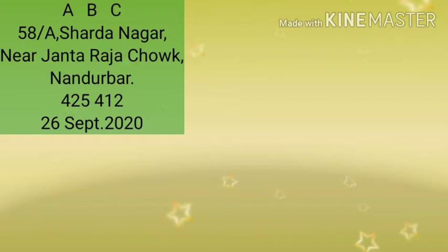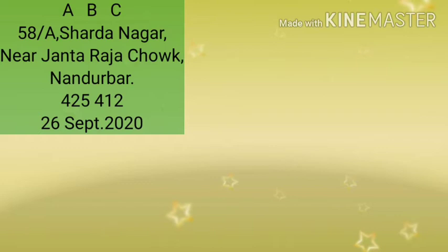Then I'll put a comma and mention the name of the area where I reside. I reside at Sharda Nagar. So after the comma, I'll write Sharda Nagar. For writing Sharda Nagar, I have to write the first letter of Sharda capital, and for Nagar, N capital. Then again I have to put a comma.